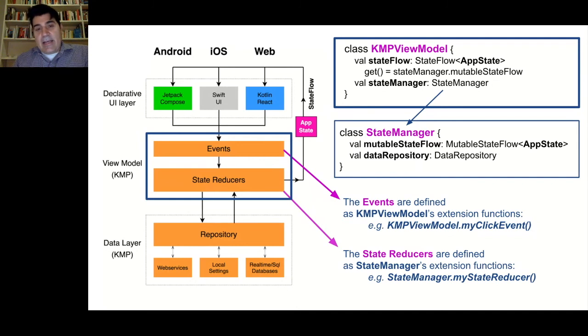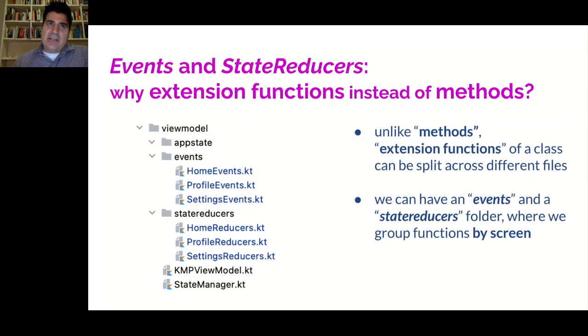The reason is that this really gives a very good structure to our app, because methods of a class have to be in the same file, they cannot be across different files, while extension functions in Kotlin can be in different files. And the possibility to have these functions in different files really gives us the chance to organize our code much better.